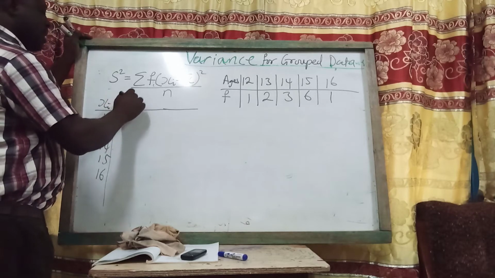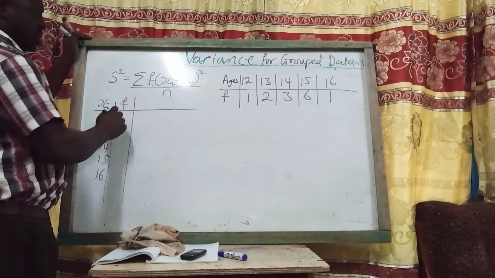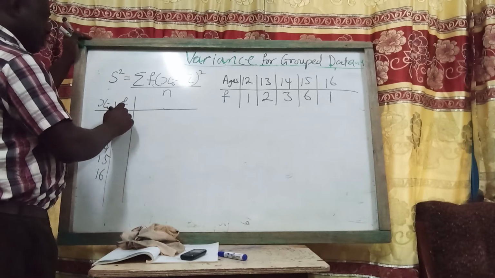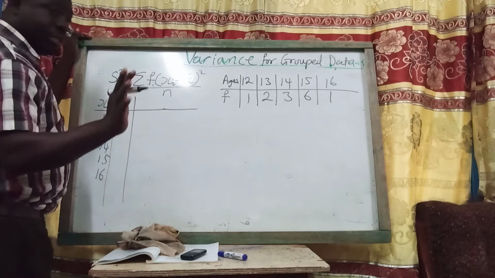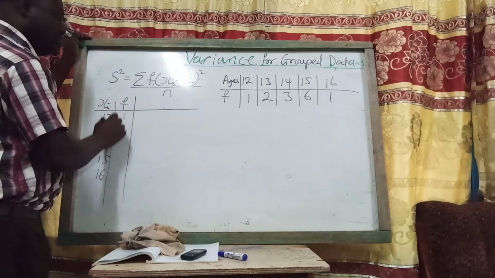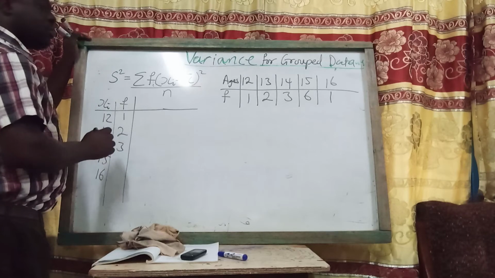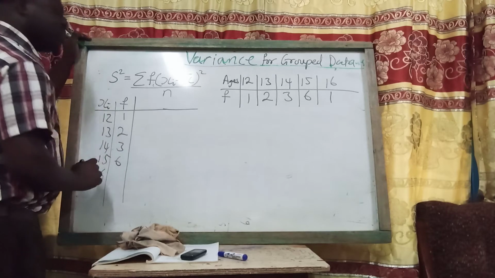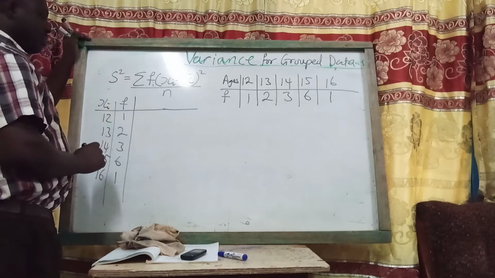We have the frequencies corresponding to each of the ages: 1 corresponding to 12, 2 corresponding to 13, 3 corresponding to 14, 6 corresponding to 15, and then 1 corresponding to 16.